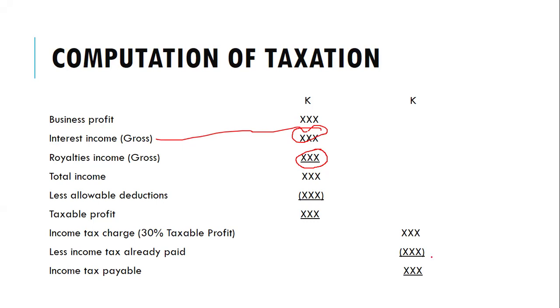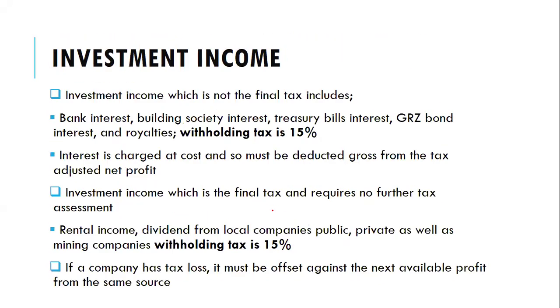And here, this is where you deduct the 15% withholding tax. So you add these two at gross. Then here you deduct the withholding tax which was paid. You're following? Any questions so far? No questions. Okay.